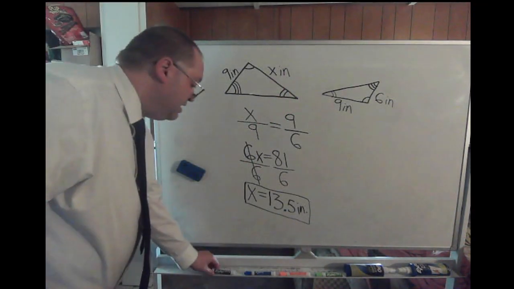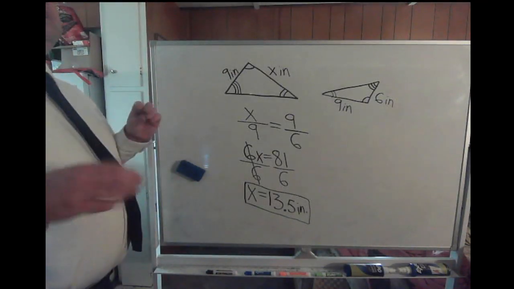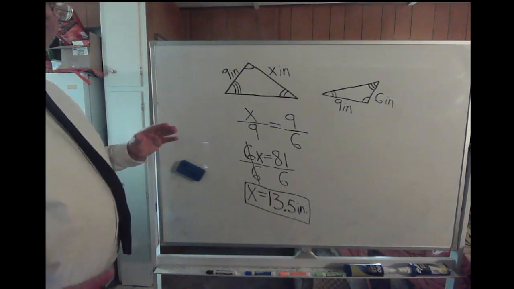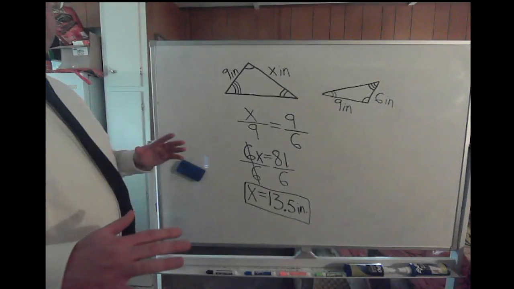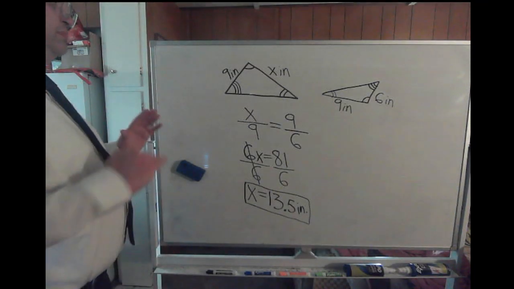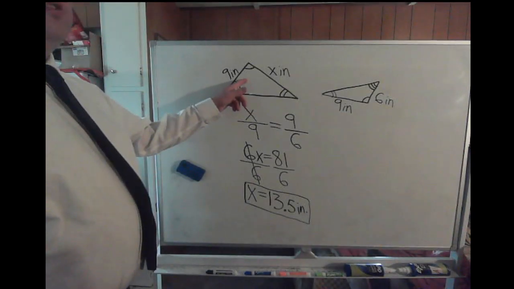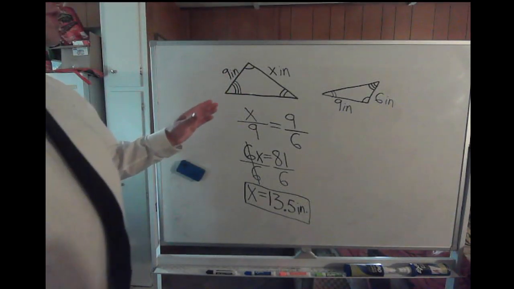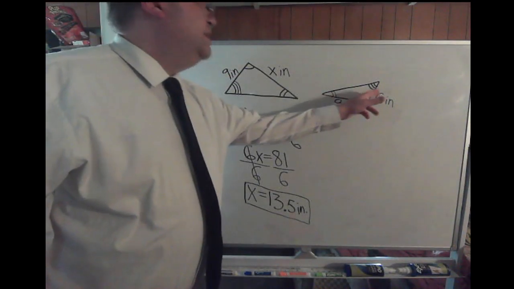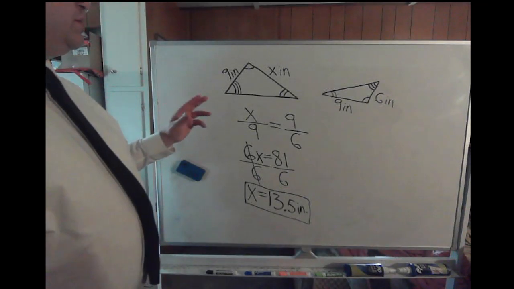So when you're dealing with similar figures, all the angles between the two will always be congruent, but you need to follow your congruency markers. They're kind of like a map for you to figure out which side corresponds to which. Okay?